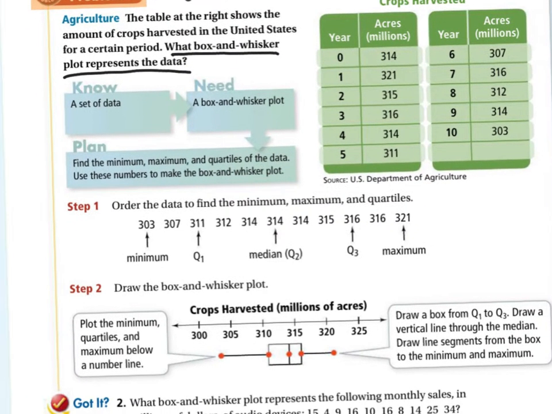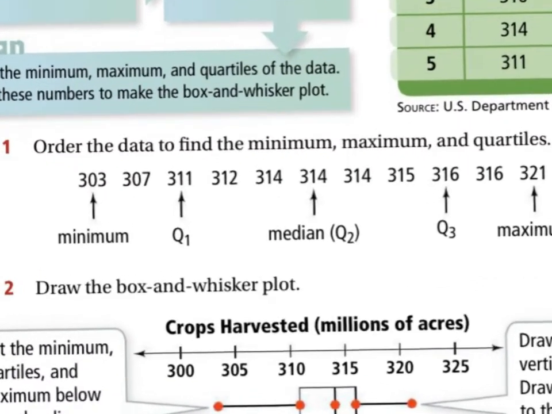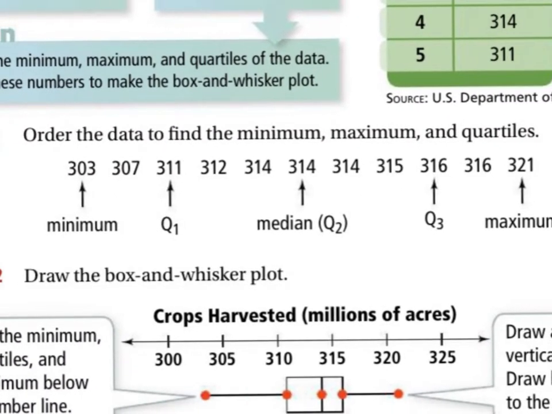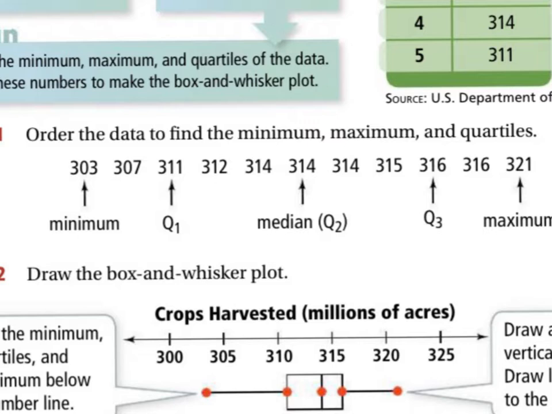They took all those numbers and put them in order from least to greatest. So you can see the lowest number is 303, the highest number is 321. So pretty consistent in the number of million acres that they harvested each year.